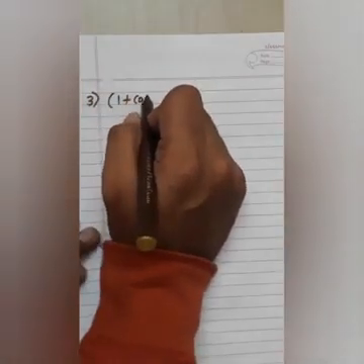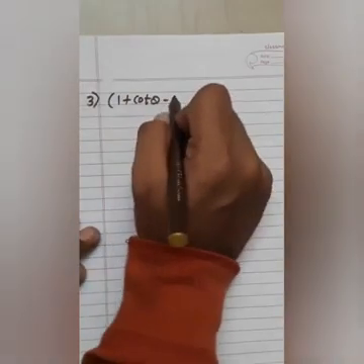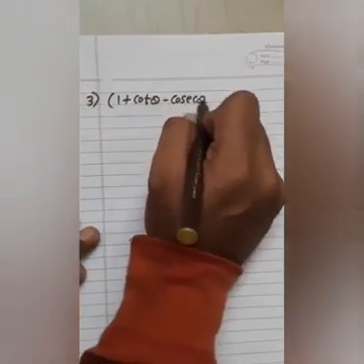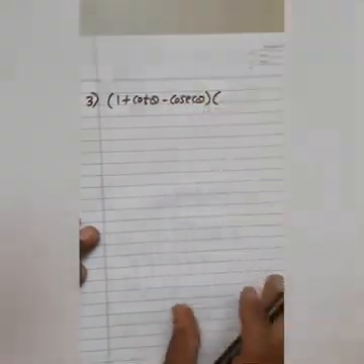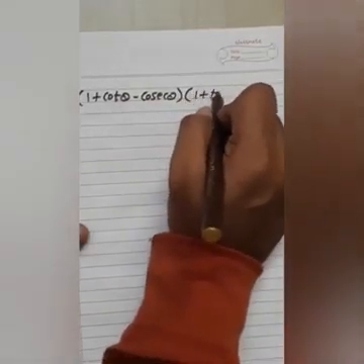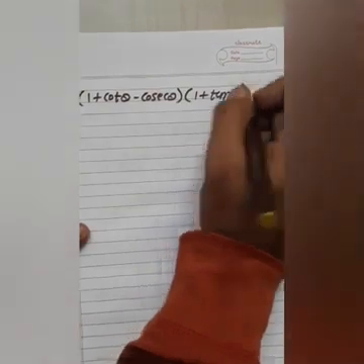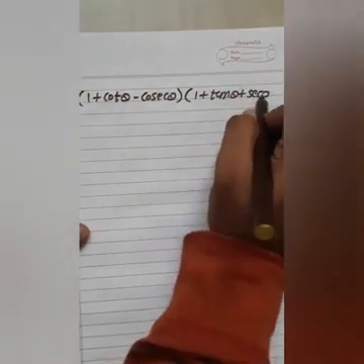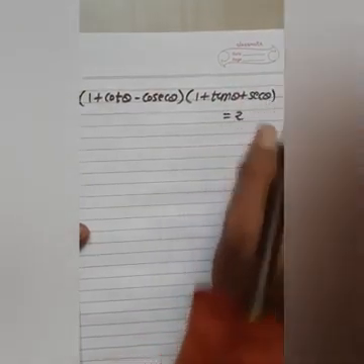Next question. In one bracket 1 plus cot theta minus cosec theta, in another bracket 1 plus tan theta plus sec theta is equal to, prove that 2.